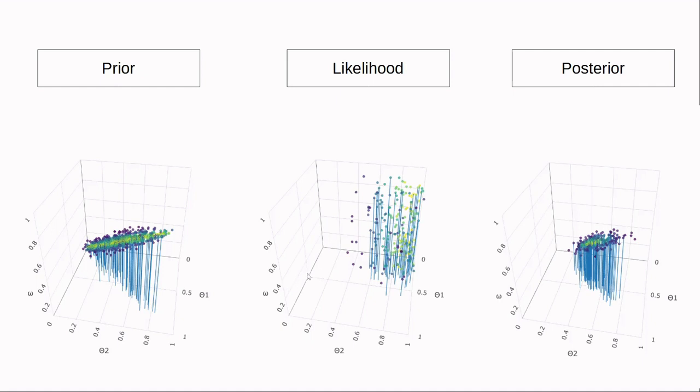If we had a place where we have a very high density in the prior and a very high density in the likelihood, we would get a very high density in the posterior. If we have a very low density in the prior and very low in the likelihood, we would get a very low density in the posterior. So what do we have?